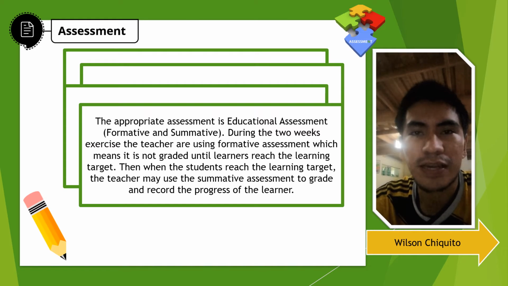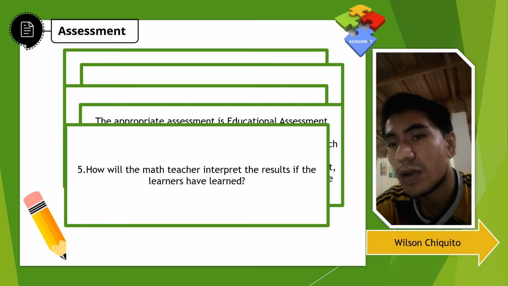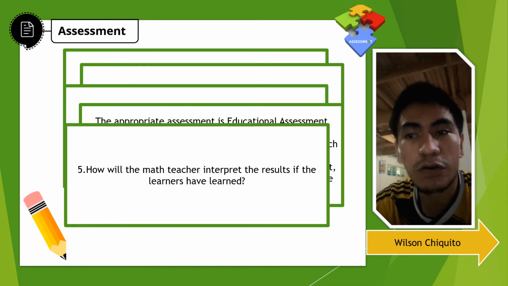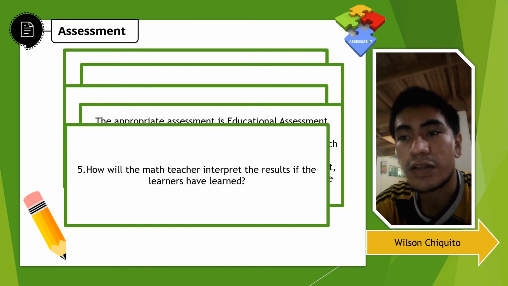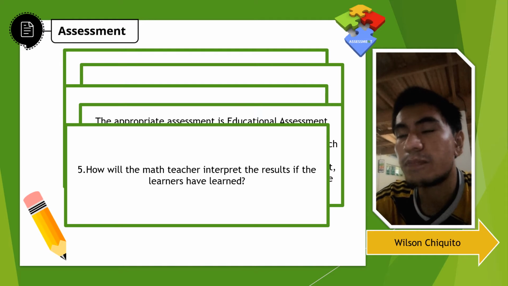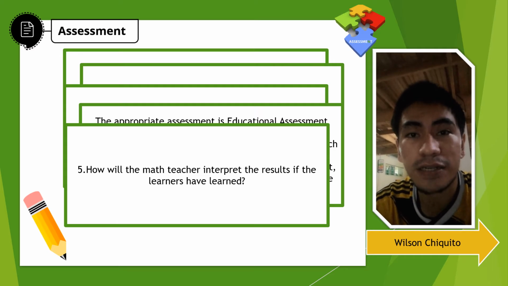The last one, how will the math teacher interpret the results of the learners if they have learned? Then I think he can use a power test maybe, or the criterion reference, so that he can know the standards of how much they have progressed in the study, in the lesson as well.